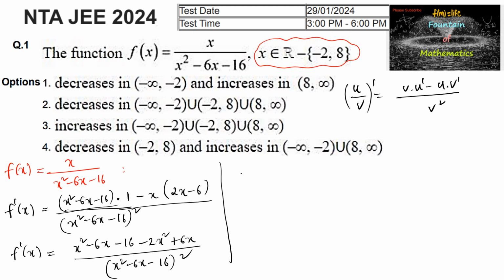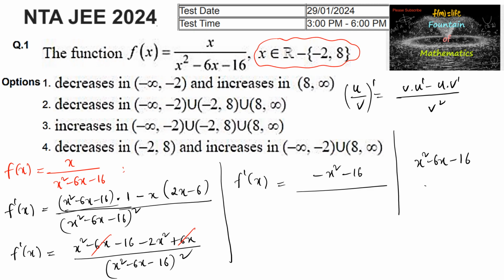We can write f dash of x is equal to minus x square, and here minus 6x plus 6x gets cancelled, and again minus 16, upon x square minus 6x minus 16, we can factorize it. X square minus 6x minus 16, we can write it as x square minus 8x plus 2x minus 16, that is x times of x minus 8 plus 2 times of x minus 8, that is x plus 2 into x minus 8.